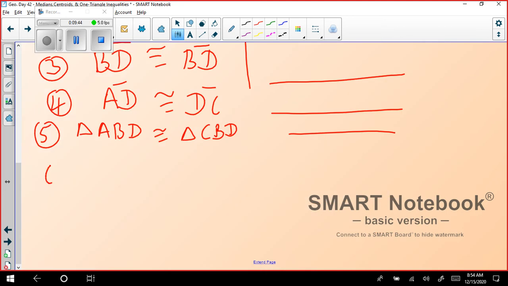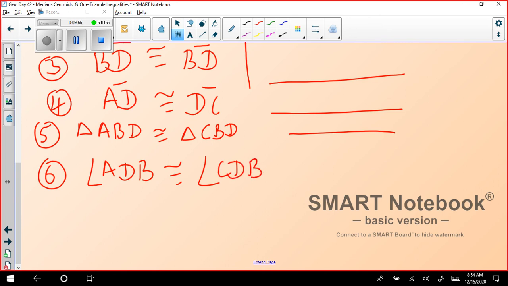So which means I can say that angle ADB is congruent to angle CDB. I want you to list the reason for this as well.